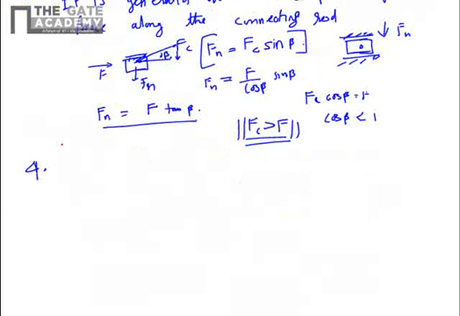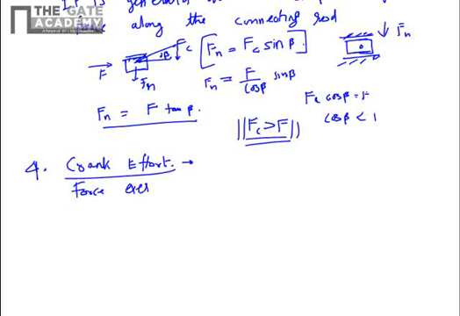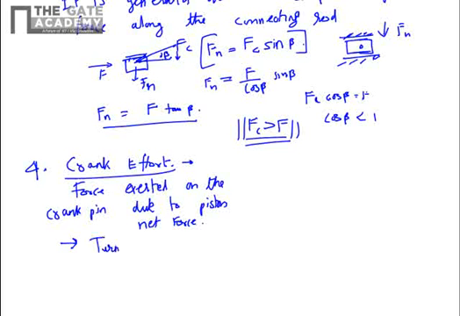The fourth quantity of interest in this section is the crank effort. The crank effort is nothing but the force exerted on the crank pin due to the piston net force. This is a quantity of paramount interest because the crank effort will give us the turning moment on the crankshaft.